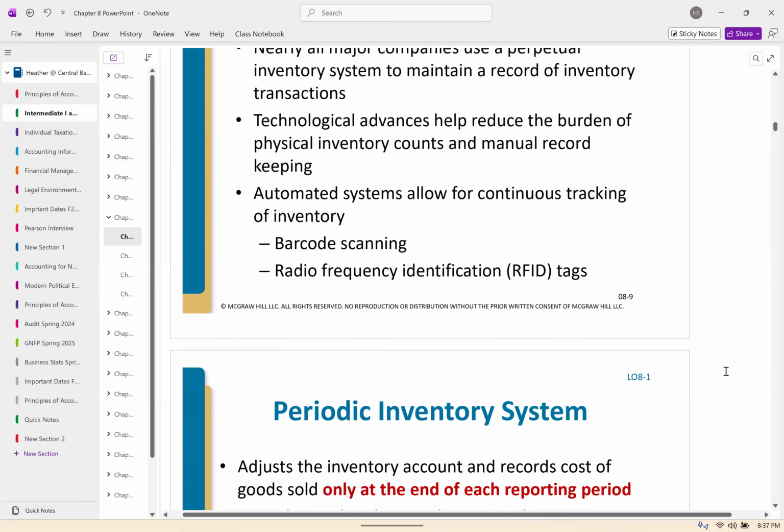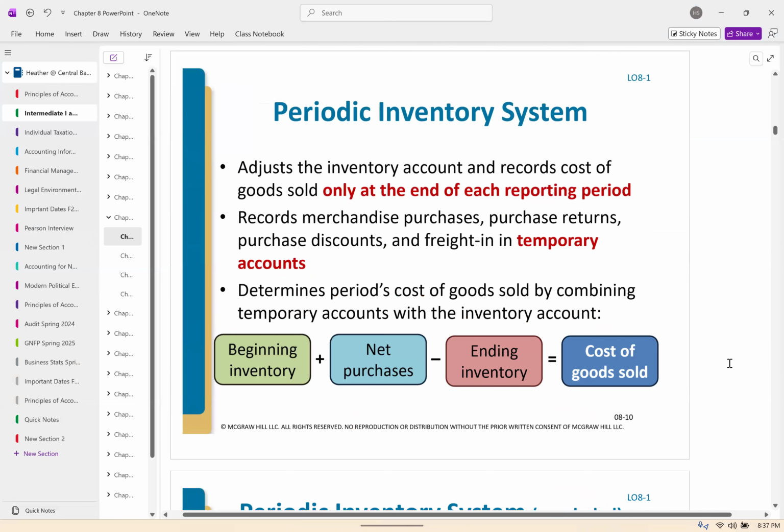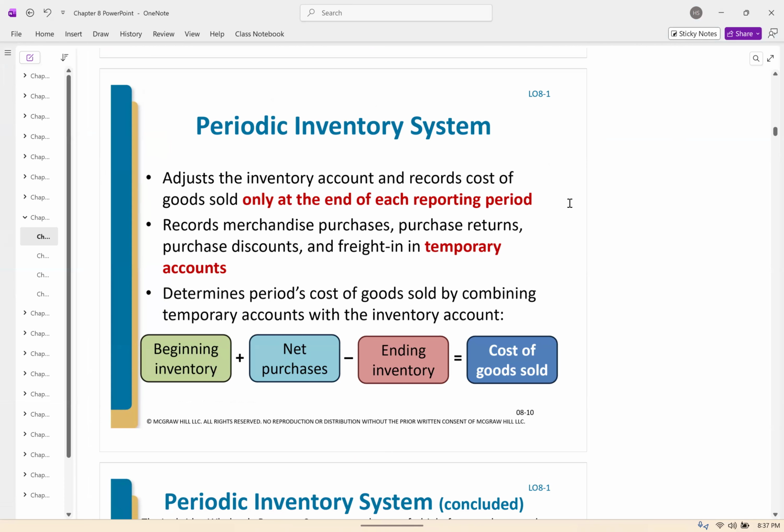So periodic. Now, they give us this little formula down here, beginning inventory plus purchases. This still works under perpetual also, so don't think that it's just specific to periodic. Beginning inventory plus any purchases gives us goods available for sale.